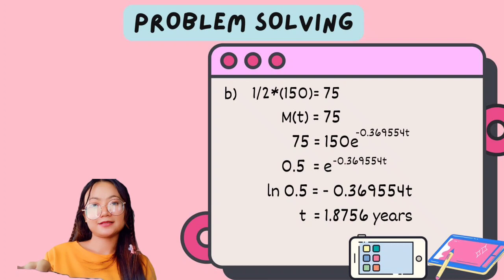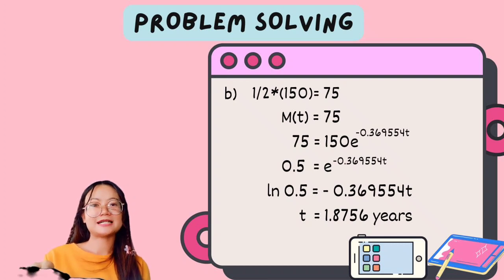To find t, we take ln on both sides, so we get t equals 1.8756 years. Therefore, the half-life of the isotope is approximately 2 years.